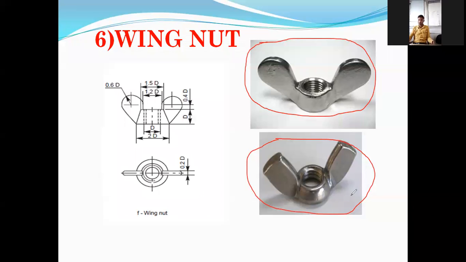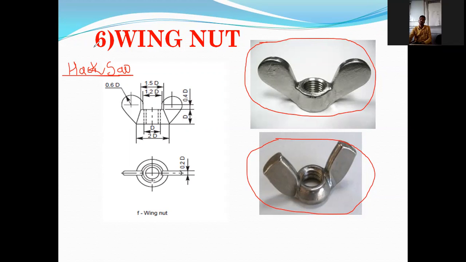Very good, correct. Hacksaw is one of the applications. The wing nut is in the hacksaw, to adjust the length. Okay, that is correct. Any other places?